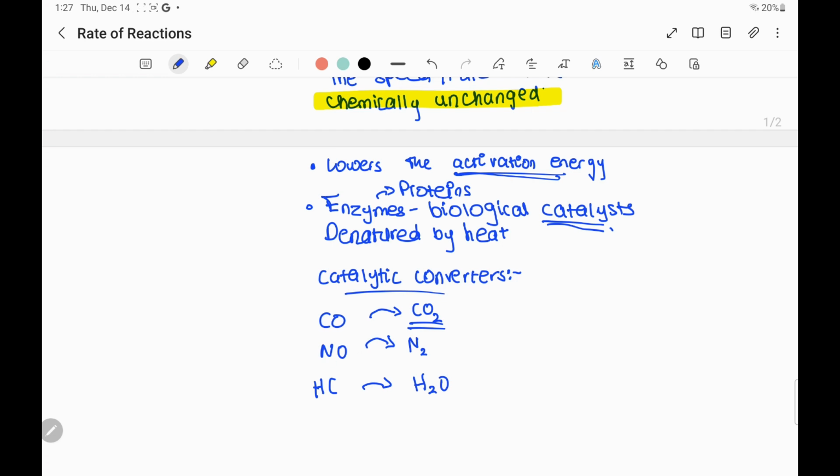Nitrogen oxide causes acid rain, and so it's turned into nitrogen, which is a common element of air. It's, I think, about 78%, I'm not sure. And hydrocarbons also form water and carbon dioxide.